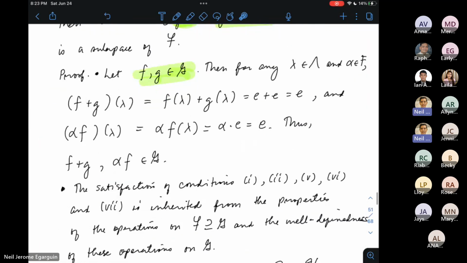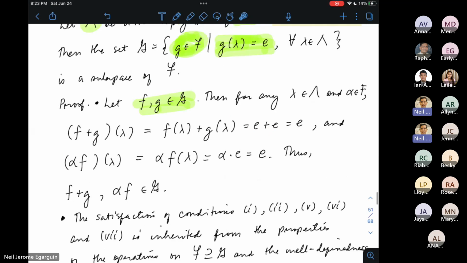Scalar times 0 vector, 0 vector, right? So that means alpha f also belongs in G kasi ang alpha f ay equal sa 0 vector, right? So that means we can say that G is closed under vector addition and scalar multiplication, okay?